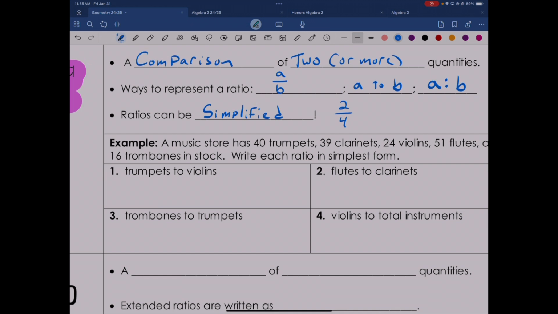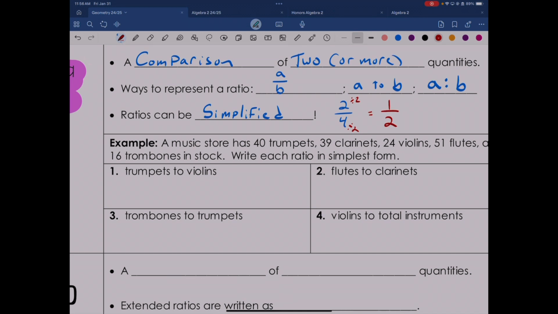We can reduce the fraction, so to say. Both of these numbers are divisible by 2. 2 divided by 2 is 1, 4 divided by 2 is 2. So 2 over 4 and 1 over 2 are equivalent statements. It's just a simplified ratio. Okay? And that's all that it is.